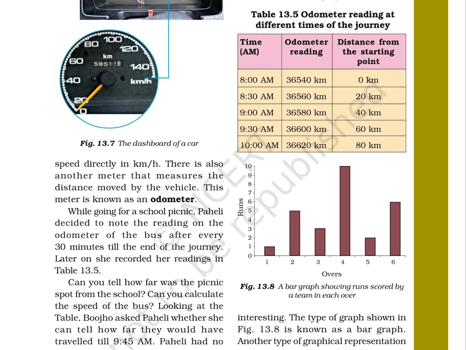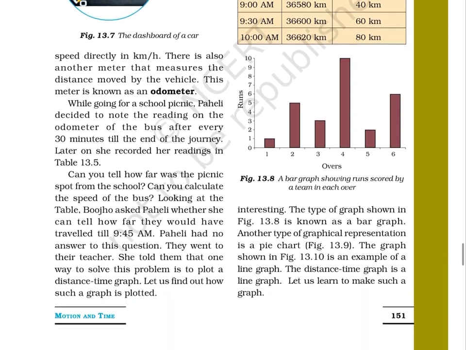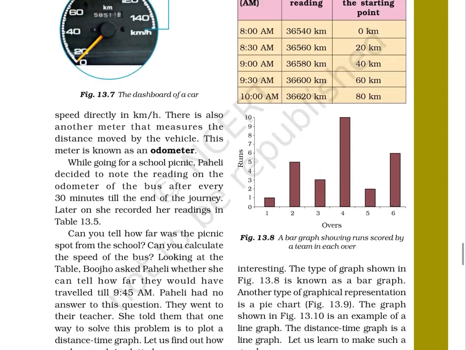Distance from starting point was 40 kilometers. At 9:30 a.m., the reading was 36600 kilometers. Distance from starting point was 60 kilometers. At 10 a.m., the odometer reading was 36620 kilometers and distance from starting point was 80 kilometers.